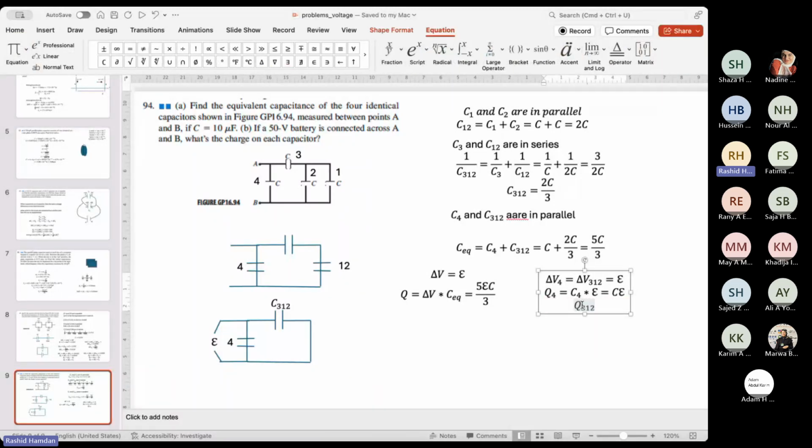So Q312 is equal to, I can say that it is equal to Q, the total charge, minus Q4. So it is equal to 5/3 minus 1 into CE.